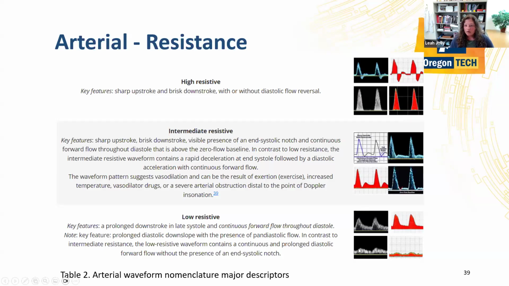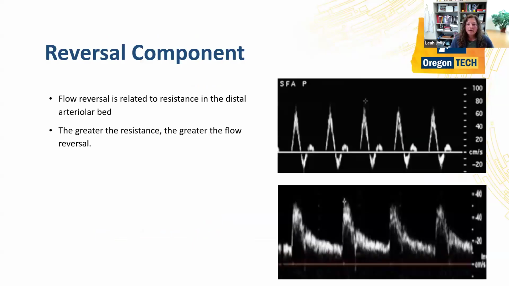These waveforms down below are abnormally low resistive because you can see that it's got a rounded peak here. And we'll talk about that a little bit, but low or high resistive can be normal or abnormal depending on the context. All right, so flow reversal is related to resistance in the distal arteriolar bed.